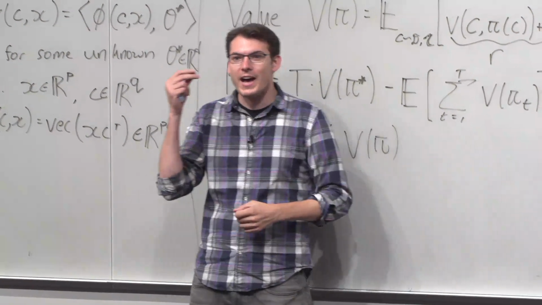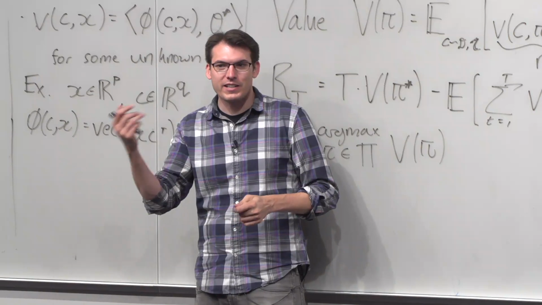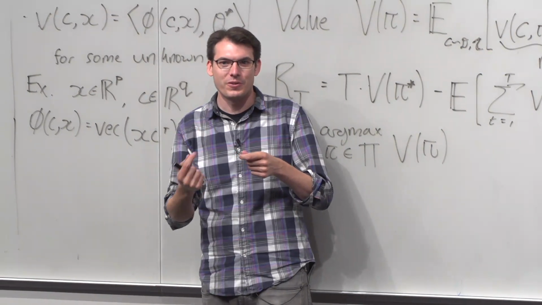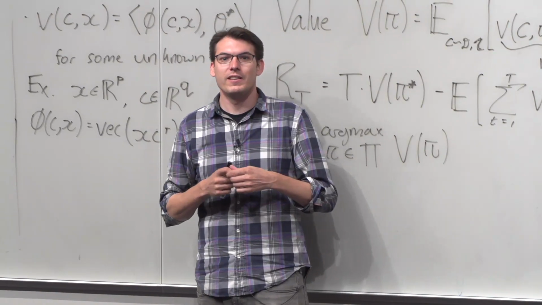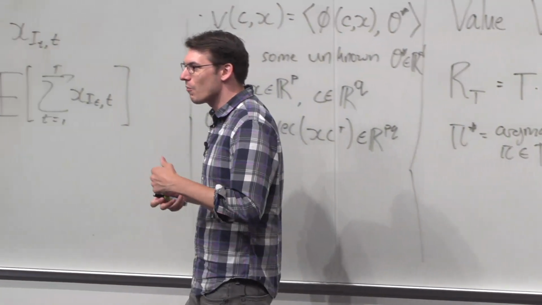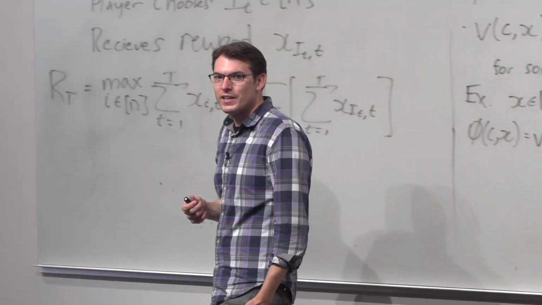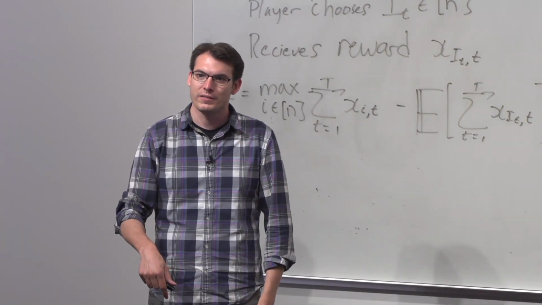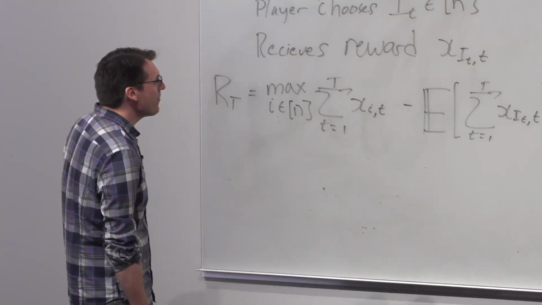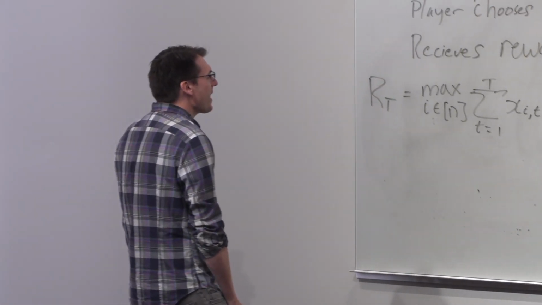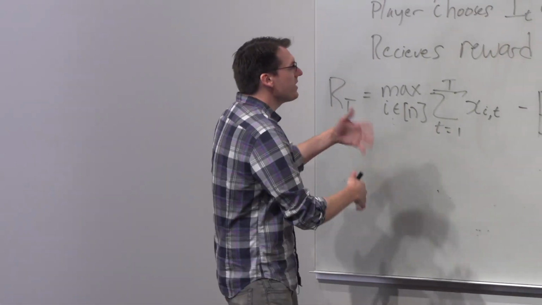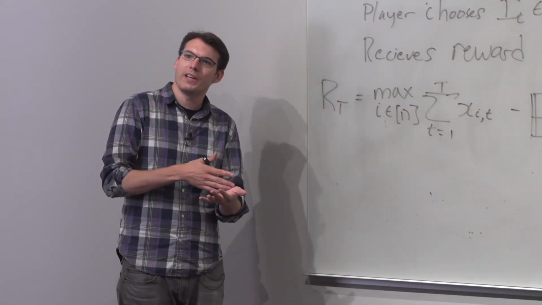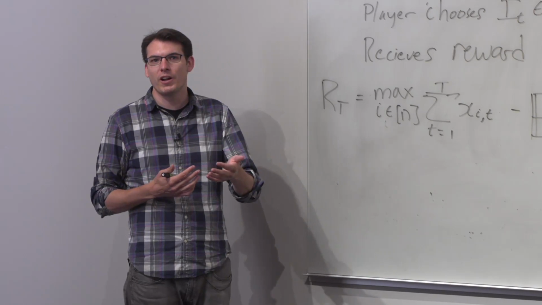If I play action 1 at time t, that means I did not play action 2 at time t, and therefore I did not see what reward I would have gotten if I did play action 2 versus action 1. So I need to somehow predict what would have happened if I had played action 2 instead of action 1, the one that I played.